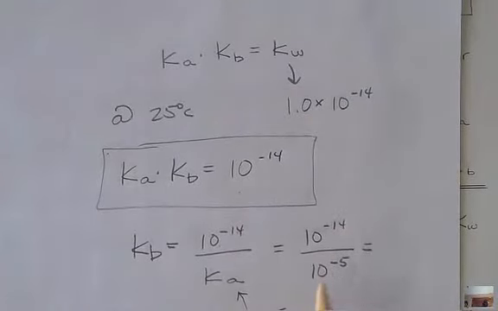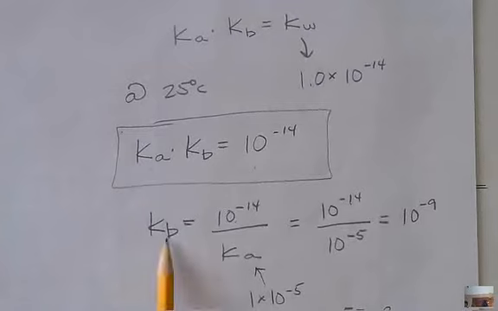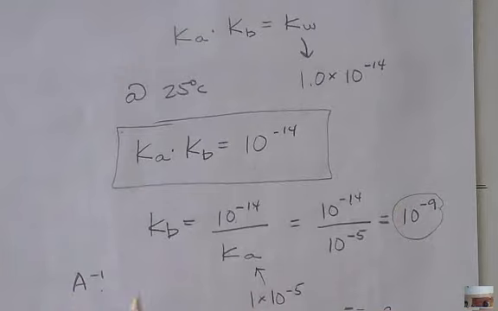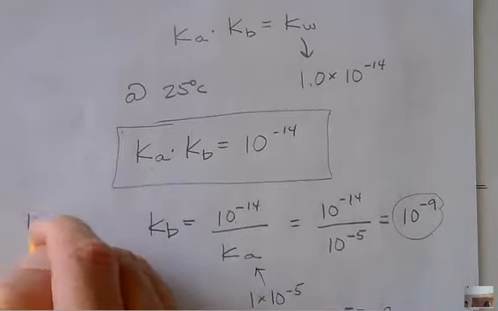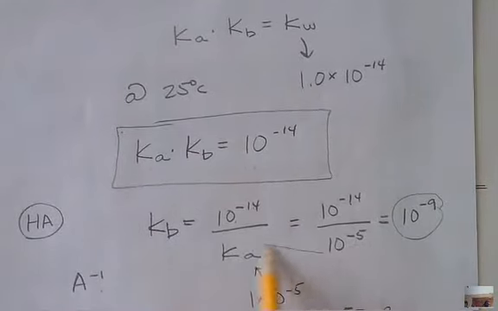How do you do that? You do minus 14 minus a minus is a plus 5. So negative 14 plus 5 is going to give you negative 9. This is going to be 10 to the minus 9. So the Kb for A minus would be 10 to the minus 9. That would be A minus reacting with water to make HA and OH minus. And the Ka for this acid is 10 to the minus 5.